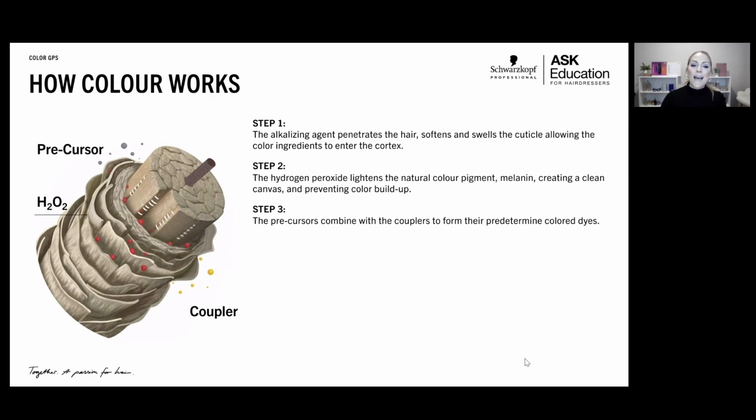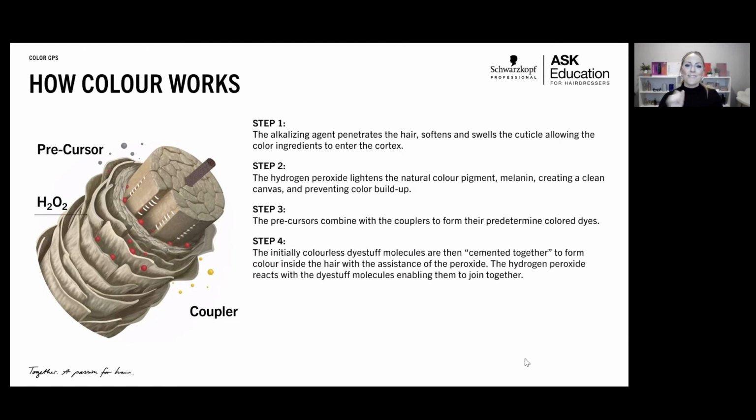And as it becomes activated, it combines with couplers. So precursors and couplers come together and form a final color dye, which is often much, much larger than the original precursor molecules. So this is building the final pigment by combining couplers and precursors.